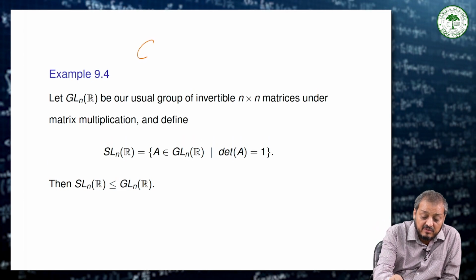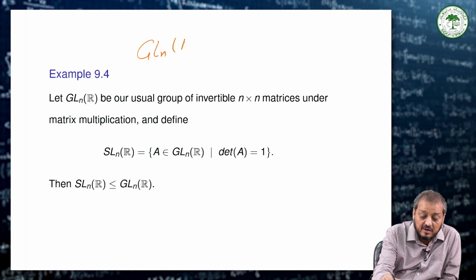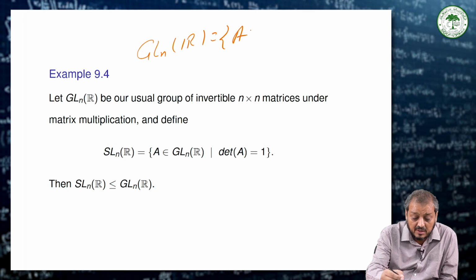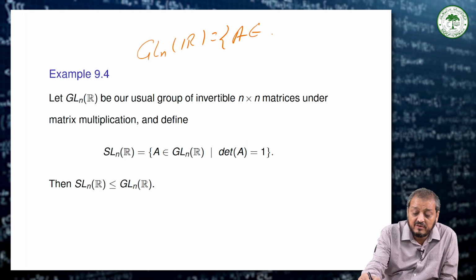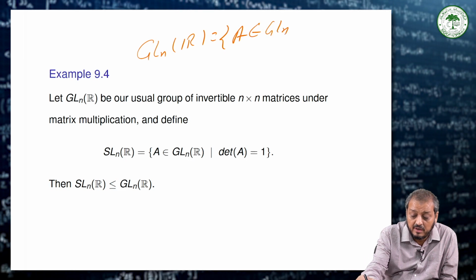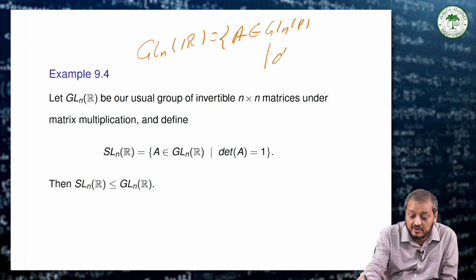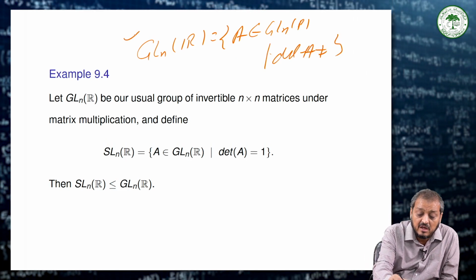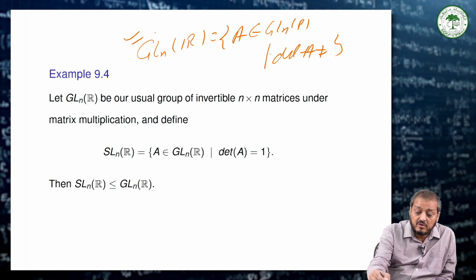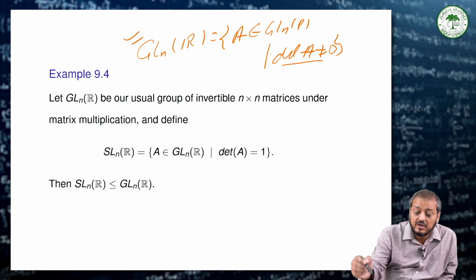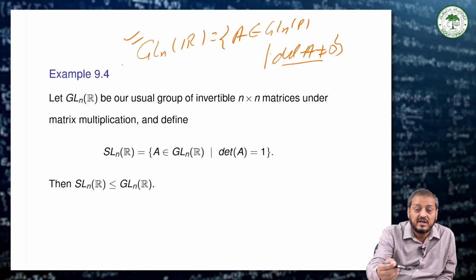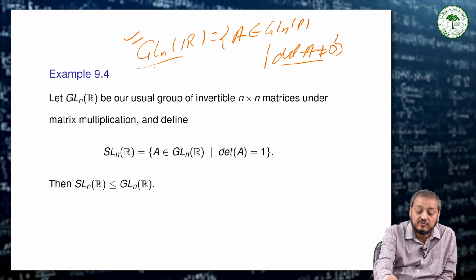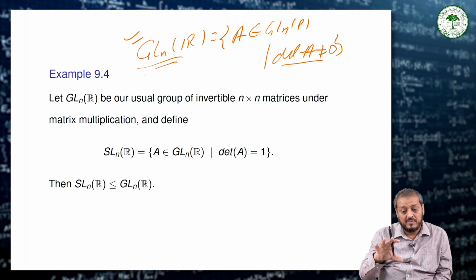You know that GLnR is the set of A belonging to this set, with an important condition imposed: determinant of A should not equal 0. That is, all the matrices have nonzero determinant, or we can say they are the invertible n by n matrices. This clearly forms a group under multiplication.